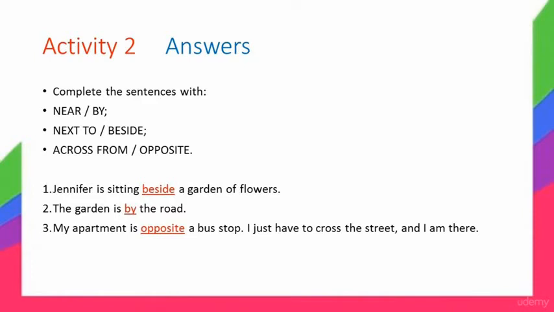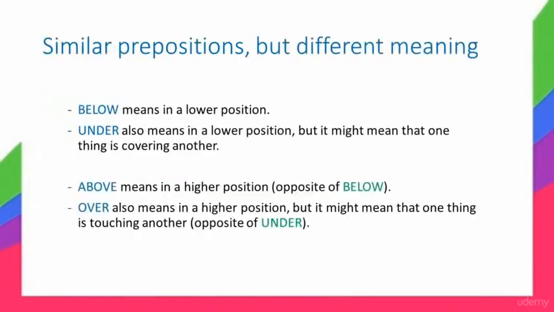One. Jennifer is sitting beside a garden of flowers. Two. The garden is by the road. Three. My apartment is opposite a bus stop. I just have to cross the street and I'm there.